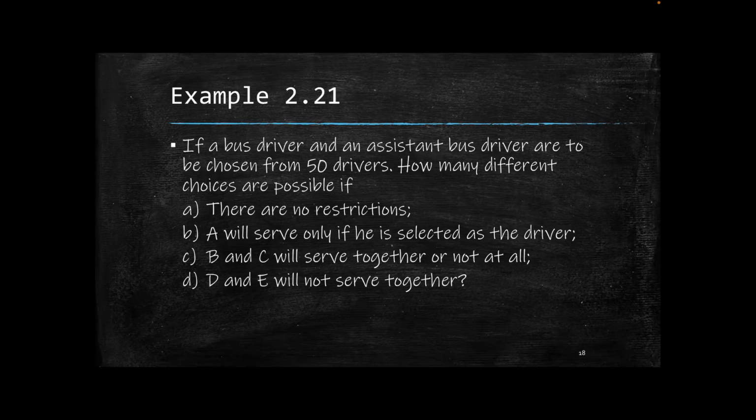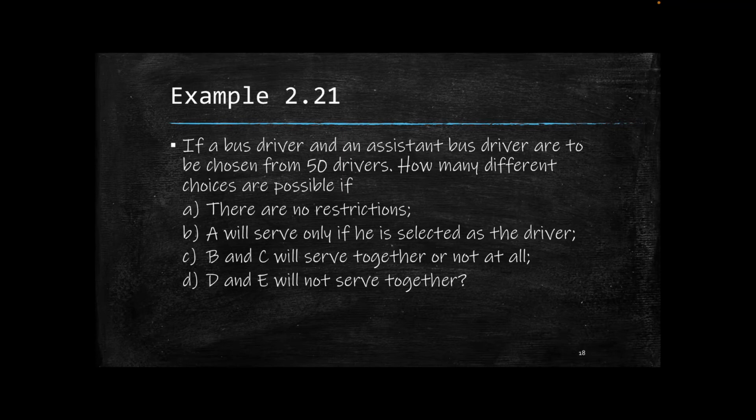The first one, there is no restriction on the possibilities. The second one, A will serve only if he is selected as the driver. The third one, B and C will serve together or not at all.